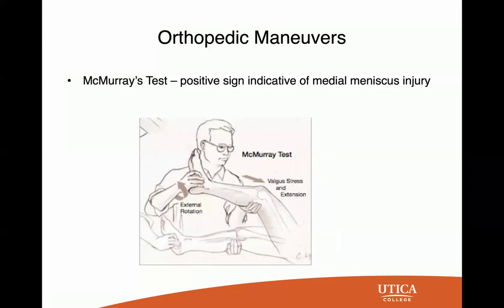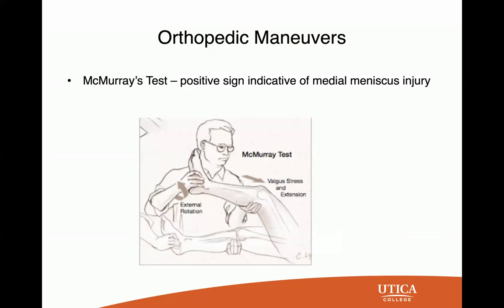But what happens here is you're essentially applying stress while twisting and turning the knee, right? So the meniscus is in here towards the knee, and it's one of those parts that acts as support and padding. So when that tears, you're going to have pain, you're going to have some difficulties with these maneuvers.